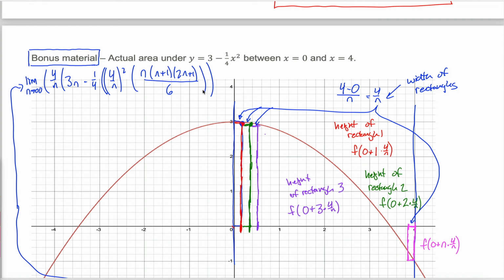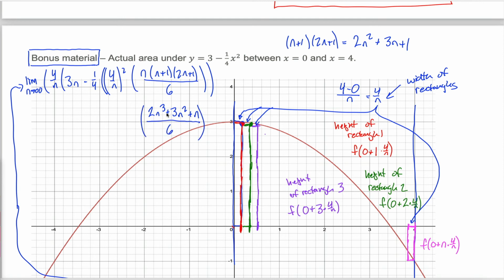Well, we're going to have to get rid of a whole bunch of parentheses. So let's start over here. N plus 1 times 2n plus 1, if you kind of think FOIL, is 2n squared plus 3n plus 1. If I take this times n, I would get 2n cubed plus 3n squared plus n divided by 6.